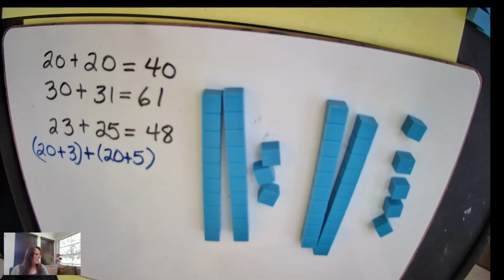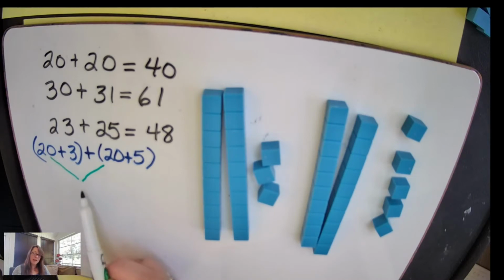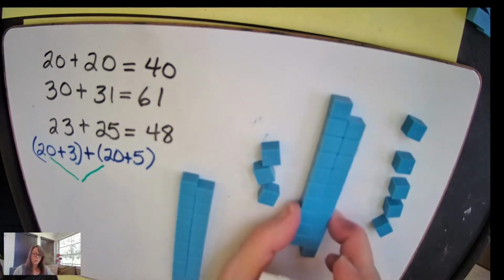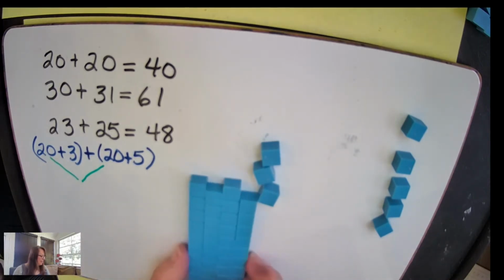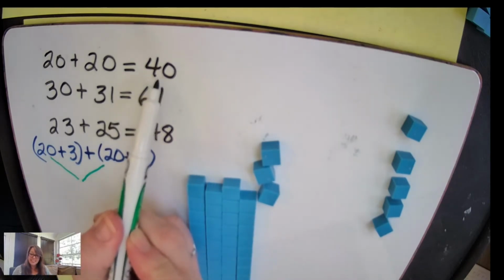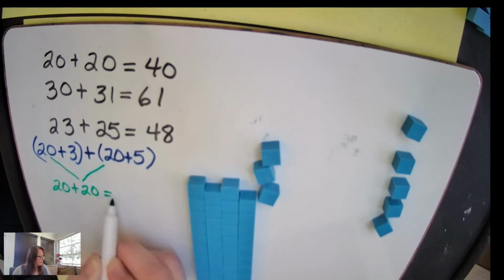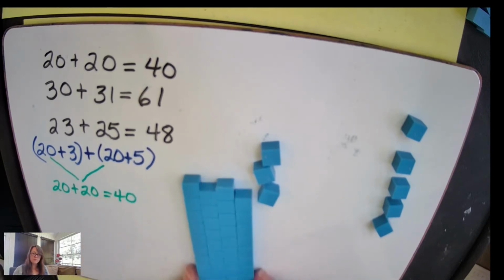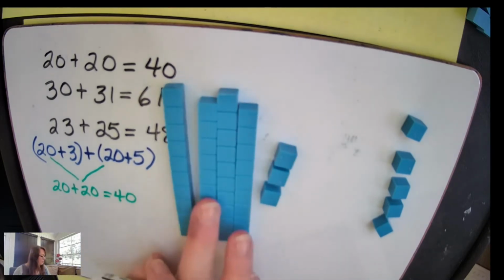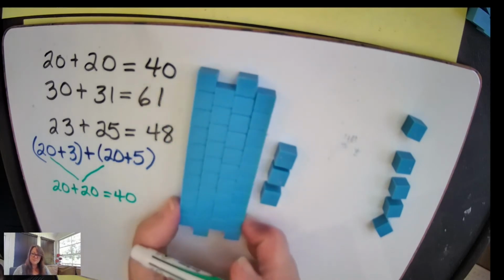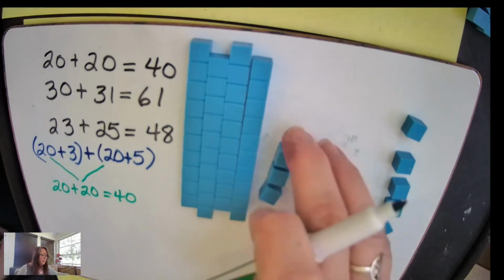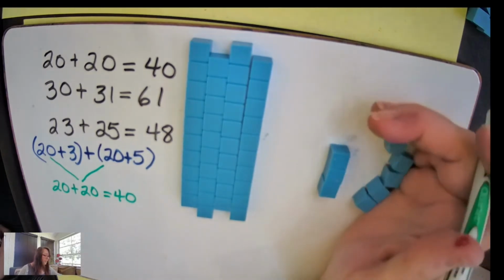So Stacy said that next she combined the tens. So she combined the 20 and 20. And we already know from up here that 20 plus 20 is 40. 10, 20, 30, 40. And now we're left with just the ones.